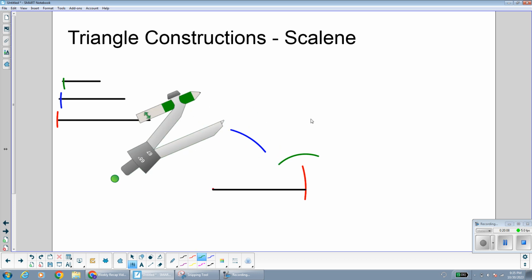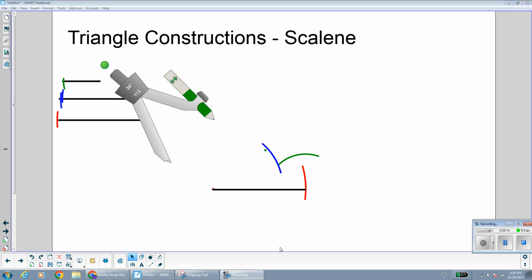And I didn't extend this one long enough, so I'm going to pause and just extend it further. And here, let me just connect together and connect together. And here I have my scalene triangle with 3 different sides of different lengths using the 3 different line segments.